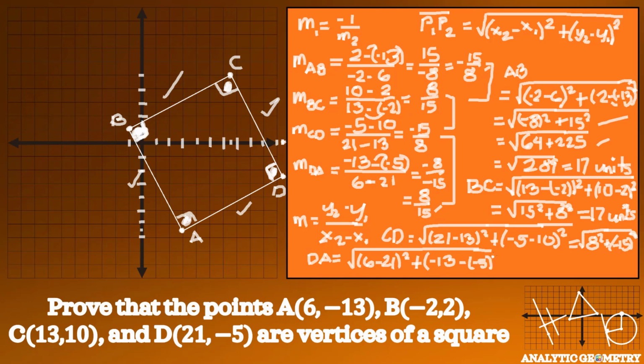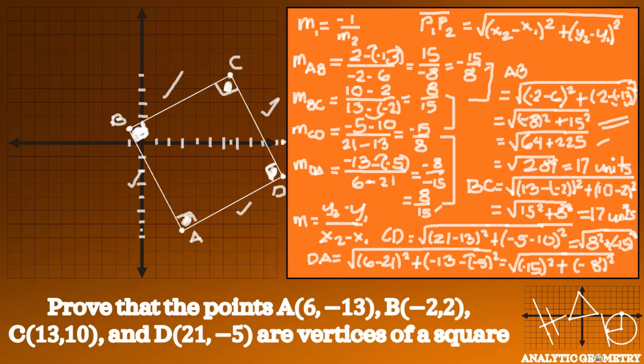Yeah, that's correct. You square that. Of course, you will get here 6 minus 21 is negative 15 squared. You have here plus, by double negative property, plus 5. So negative 13 plus 5 is negative 8 squared, which, again, will have the same result as this.